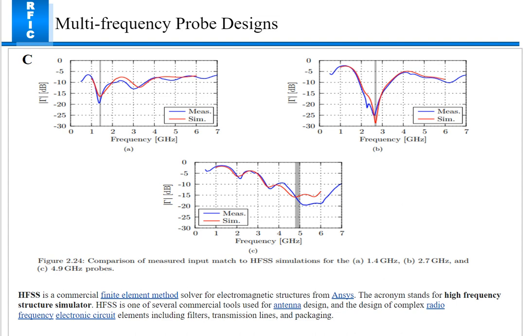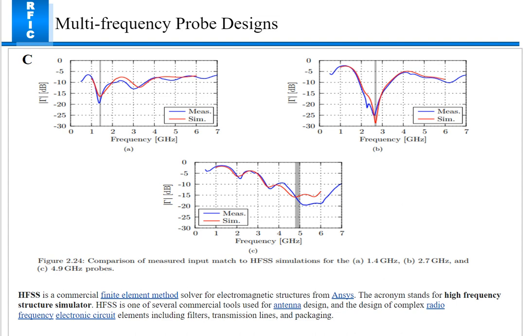HFSS is a commercial finite element method solver for electromagnetic structures, and it's developed by ANSYS. HFSS stands for High Frequency Structure Simulator, and is one of the several commercial tools used for antenna design and the design of complex radio frequency electronic circuit elements, including filters, transmission lines, and packaging.